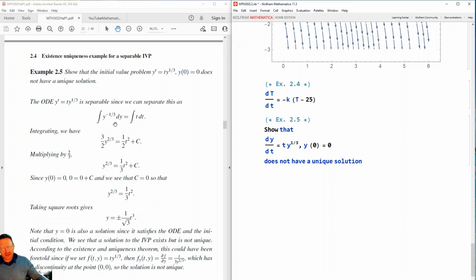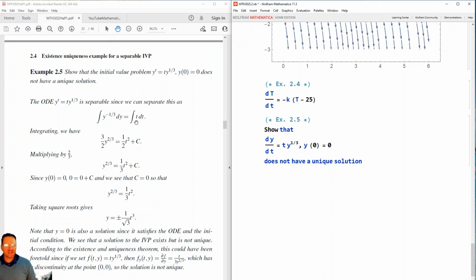So we add 1 to the exponent of minus 1/3, and we have 2/3. Okay, but if we were to differentiate y to the 2/3, we would bring that 2/3 down. So that's why we need the multiplicative inverse of 2/3 out in front when we integrate this. Okay, so the integral of y to the minus 1/3 is 3/2 y to the 2/3.